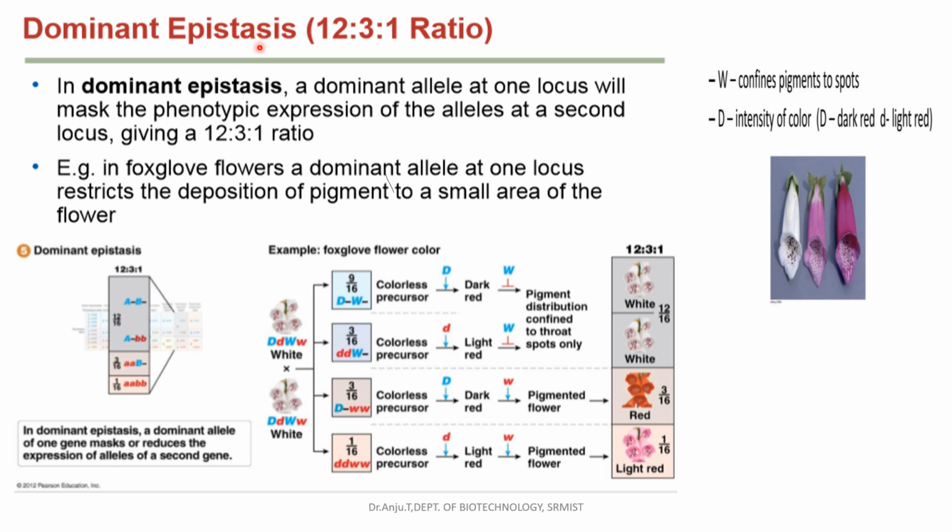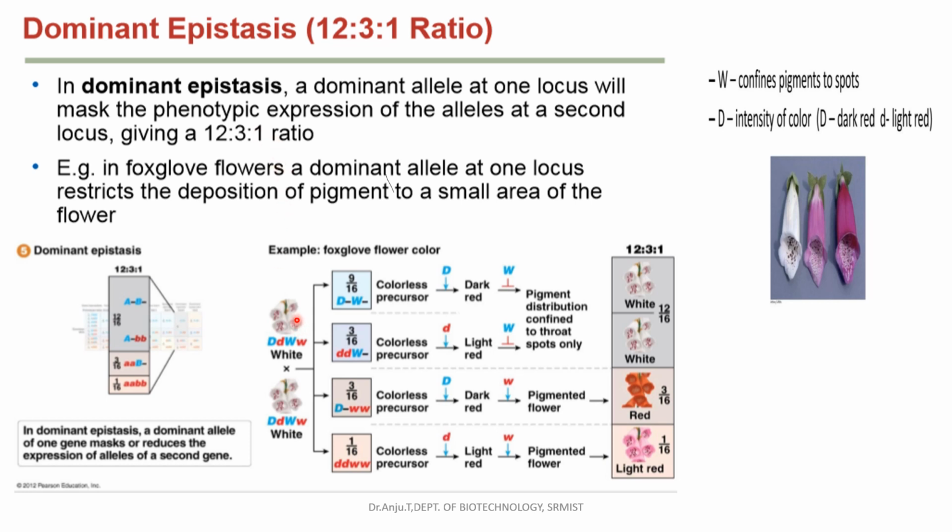Here the masking effect is because of the dominant allele of one gene, so it is called dominant epistasis, where the dominant allele of one gene masks the effect of alleles at the second gene. The ratio we get here is 12:3:1.